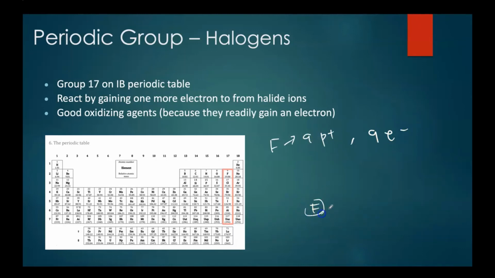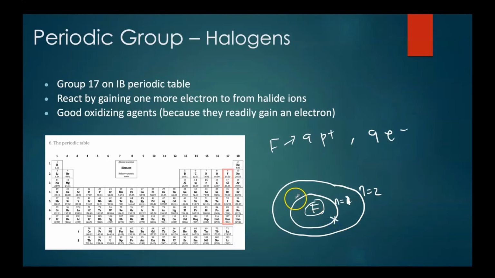Let's say this is fluorine's nucleus, and since it is located in period 2, it has 2 energy levels, energy level 1 and energy level 2. Energy level 1 gets 2 electrons, and energy level 2 gets 7 electrons.